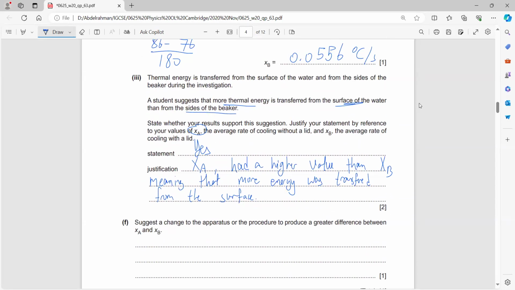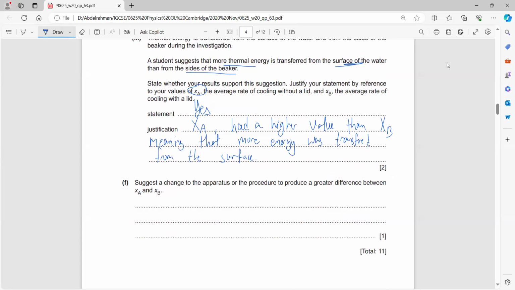Theta A didn't have a lid, and therefore more energy was transferred from the surface.